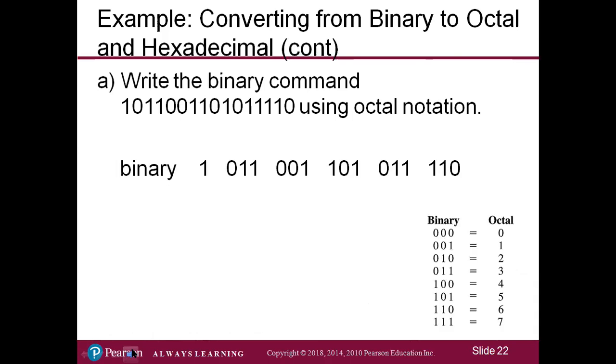Write the binary number 1011001101101110 using octal notation. First, in groups of 3 from the right to the left, you break your number up, right? So we have a group of 110, a group of 011, a group of 101, a group of 001, a group of 011, and a group of 1. And then we look at the octal numbers, right? Because these are powers of 2.